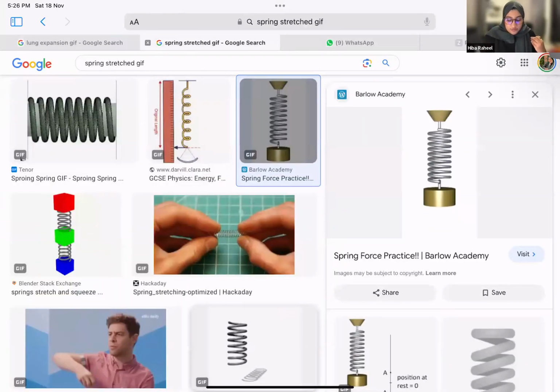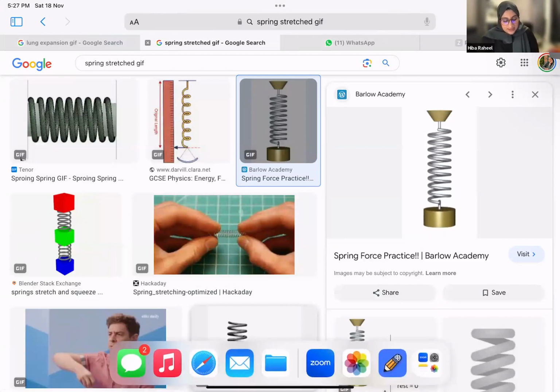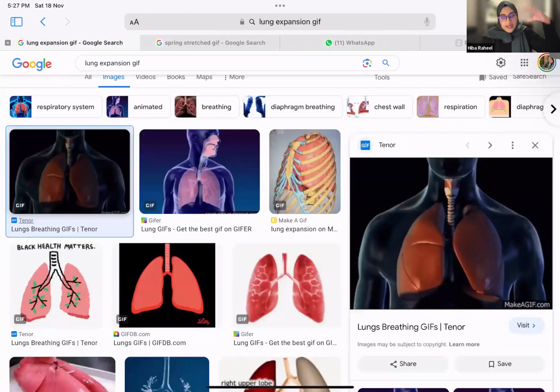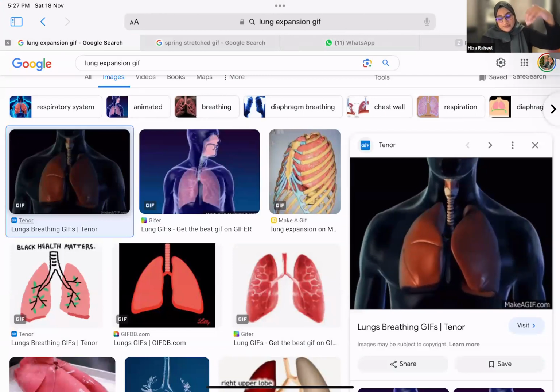And I want you to picture a spring. When a spring is hanging, as you can see at the top, there's a lot more stretch. Can you see this? There's a lot more stretch at the top than the bottom, right? And it's the bottom part that moves more than the top part. That's exactly how our lungs are hanging. They're hanging like a spring by the top, by the apex.